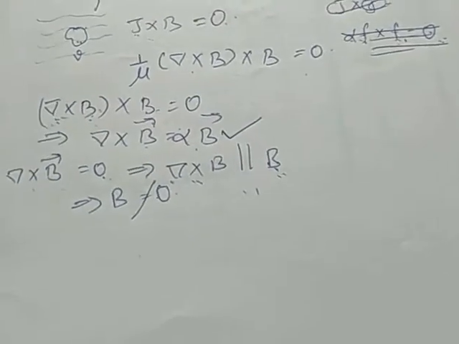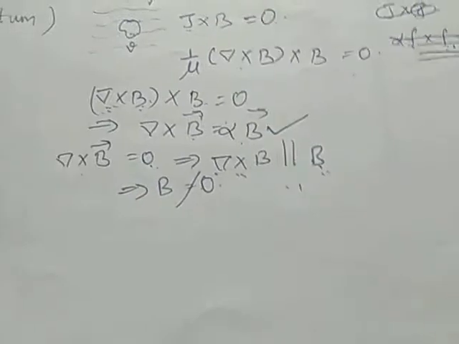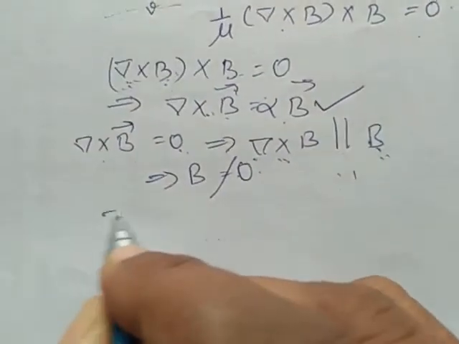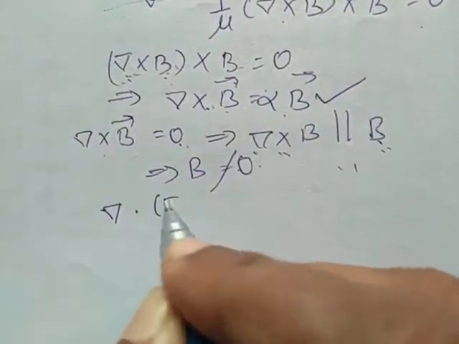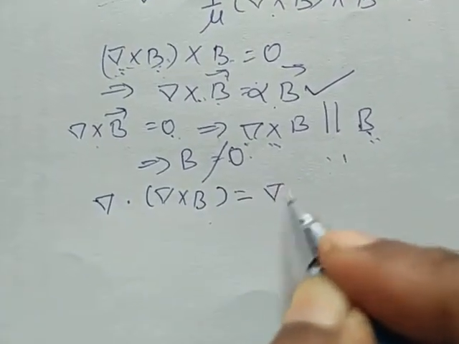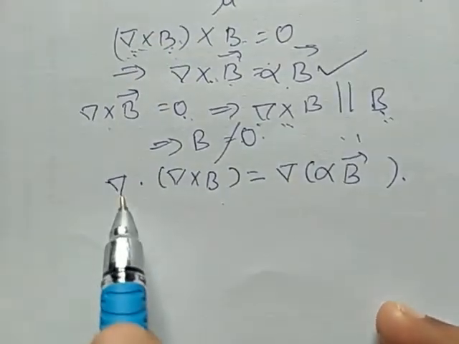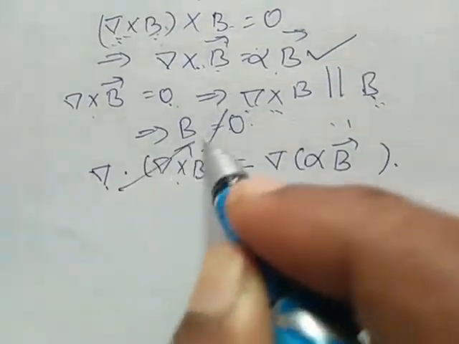Now, I am going to take divergence on both sides of this equation. I will get divergence of curl of B is equal to divergence of alpha into B. Divergence of curl of a function is 0.